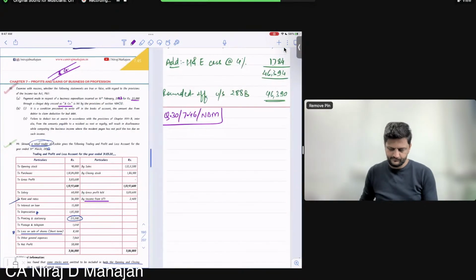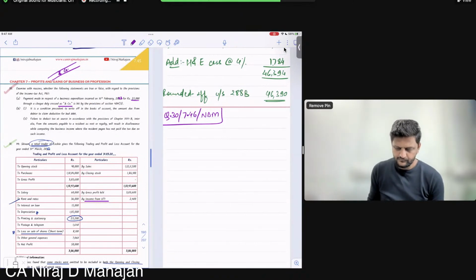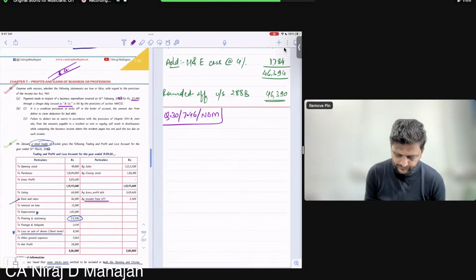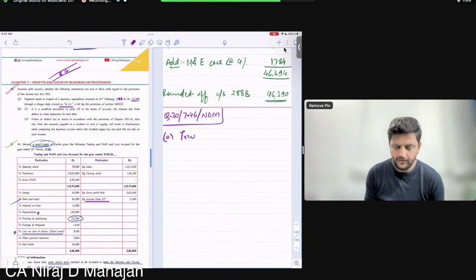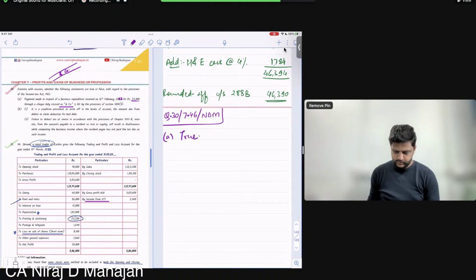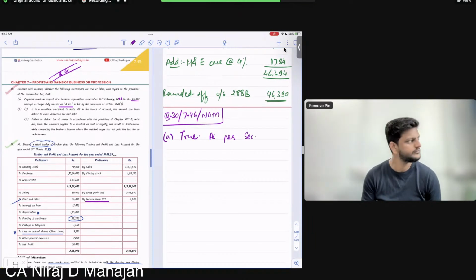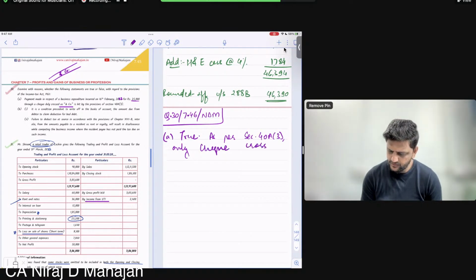Right now. True. As per section 40A(3), okay, only check crossed as what, bachcho?